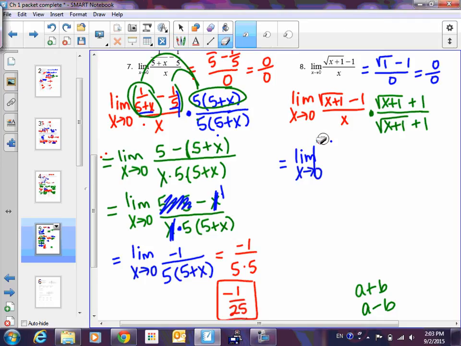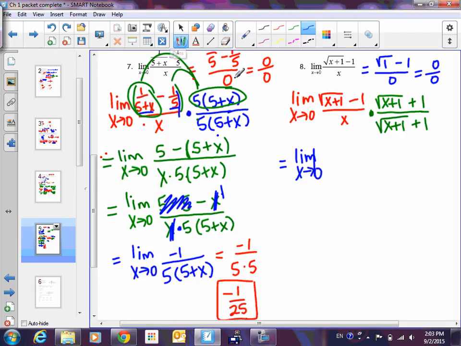Okay, so if I put parentheses around this, I think it might make it a little bit easier to see. So I'm going to multiply square root of x plus 1 times square root of x plus 1, which is just x plus 1.